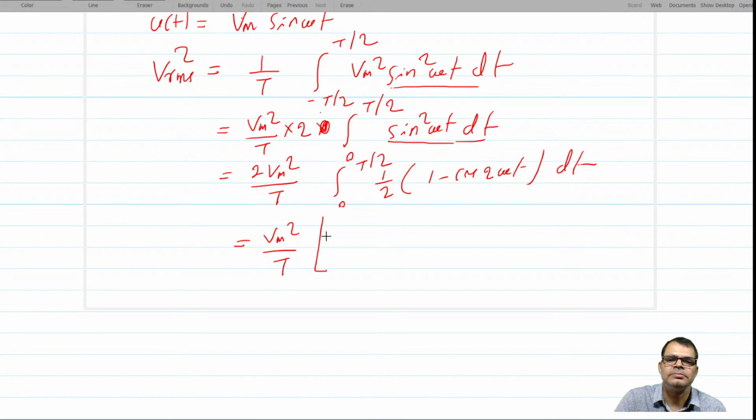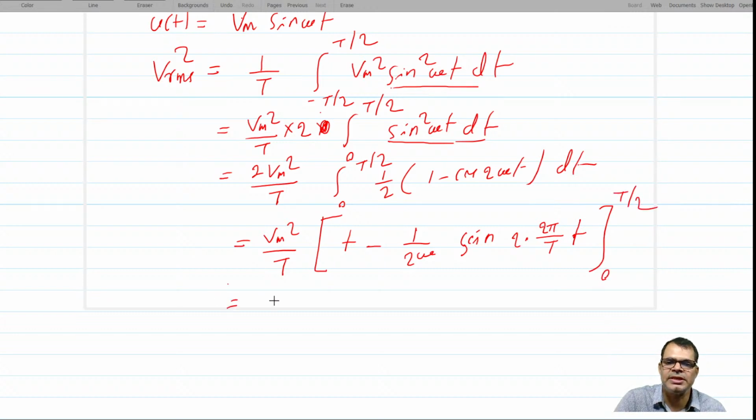And the integration of this is t, and the integration of cos 2 omega t is 1 upon 2 omega sin 2 omega t, with limits 0 to T by 2.